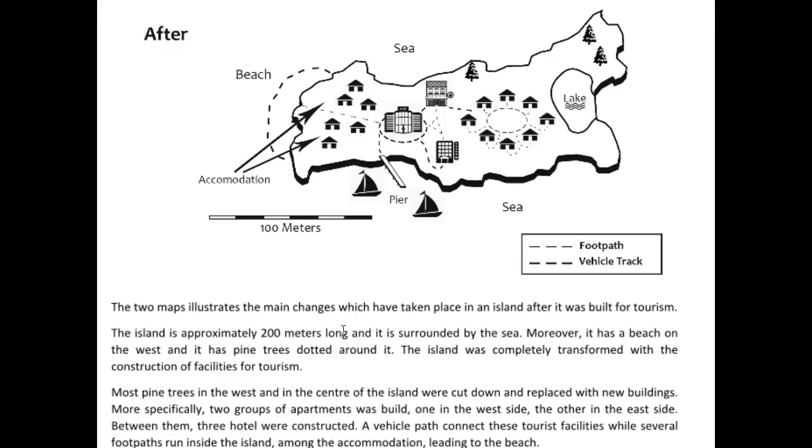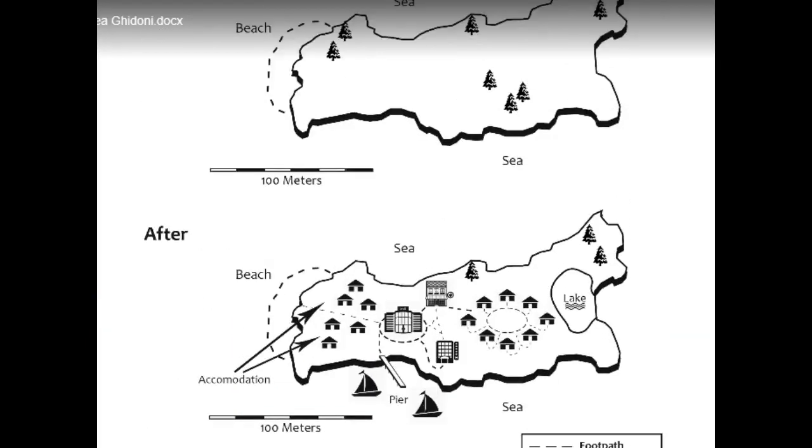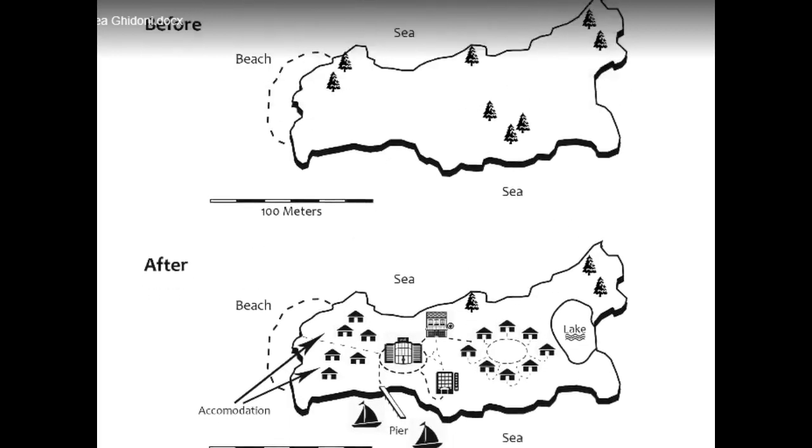So how could you have somehow transformed this answer in order to have an overview? So the two main maps illustrate the main changes which have taken place in an island after it was built for tourism. You could have had something like this.